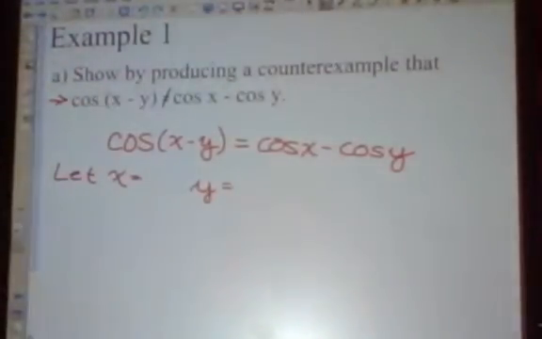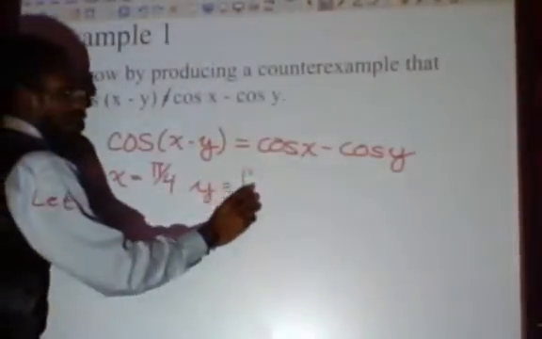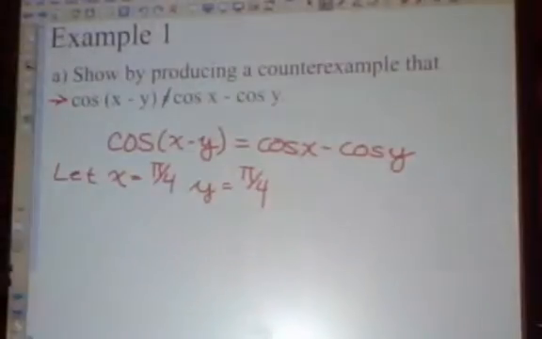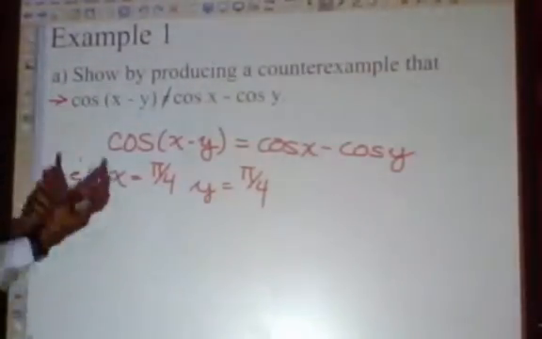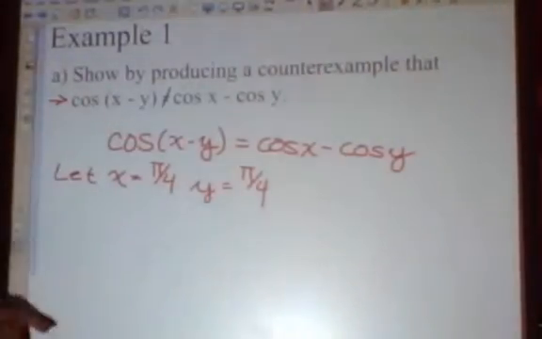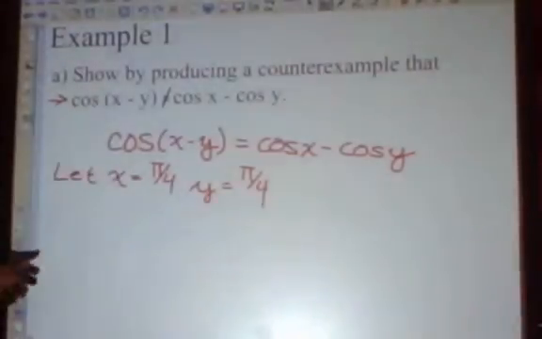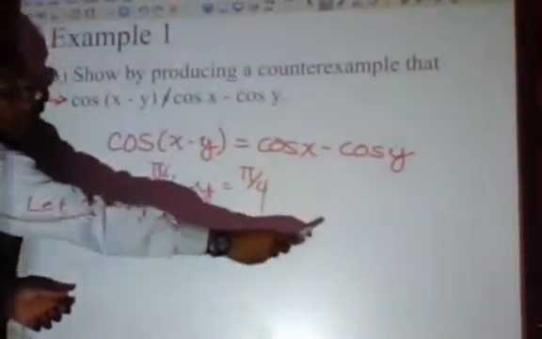Just for me, I'm going to use pi over 4 for x, and pi over 4 again for y. Each one of these can actually be different values. They could be the same values, and anything that you want to use really that will make this a counterexample, so that this side will not equal that side at all.